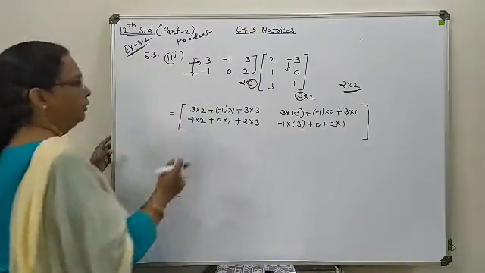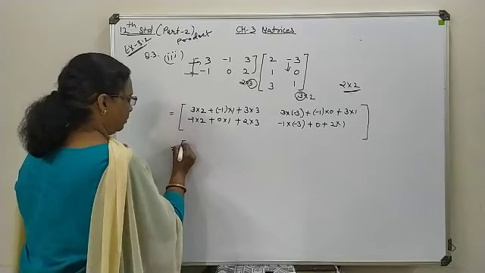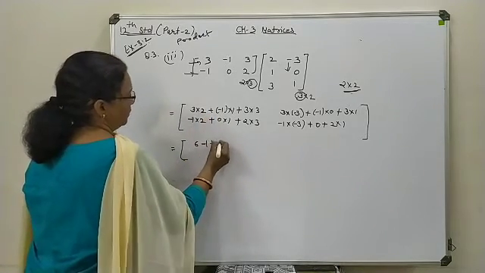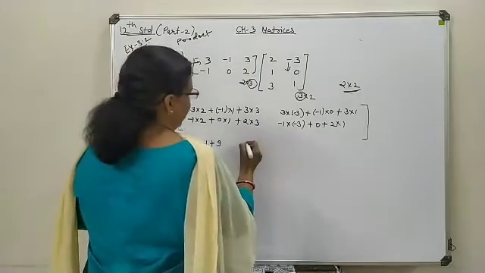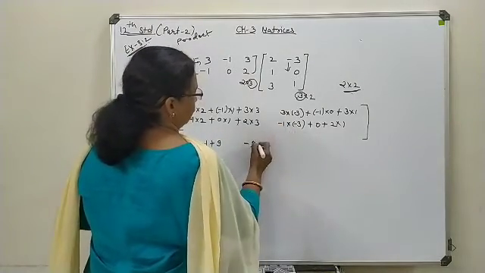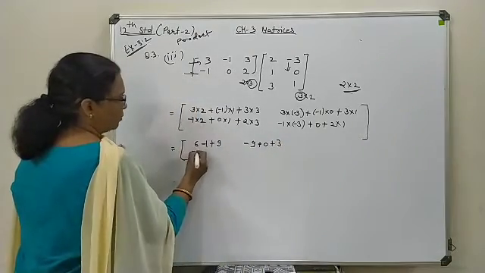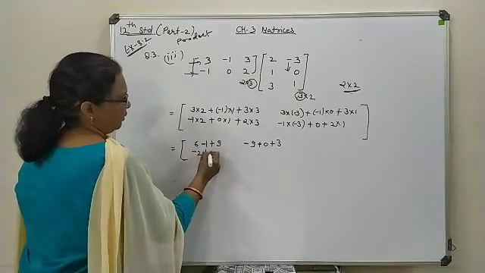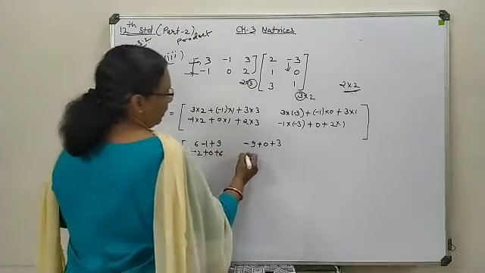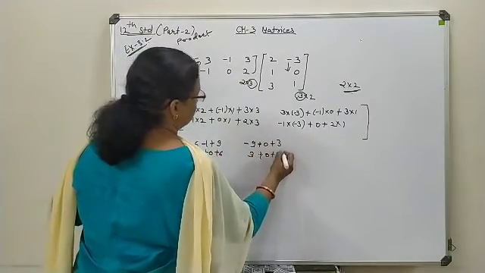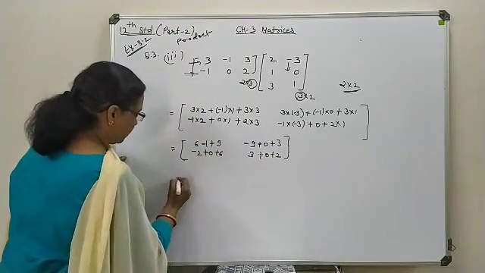So go for the solution. This is 6 minus 1 plus 9. It is minus 9, 0, 3, minus 2, 0, 6, plus 3, 0, 2. Go for addition and subtraction.